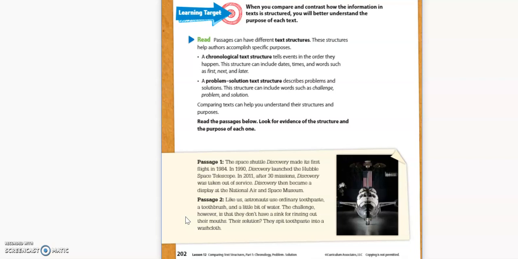They spit toothpaste into a washcloth. I want you to tell me, what is the problem that is found in this example? What is the problem or the challenge found in passage 2? Take about 10 seconds and determine the problem or the challenge.